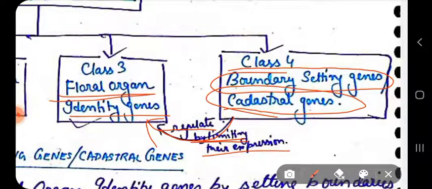How much are they going to express? What is the area? How much area are they going to be expressed in? That will actually be regulated by these class 4 boundary setting genes, also called cadastral genes.